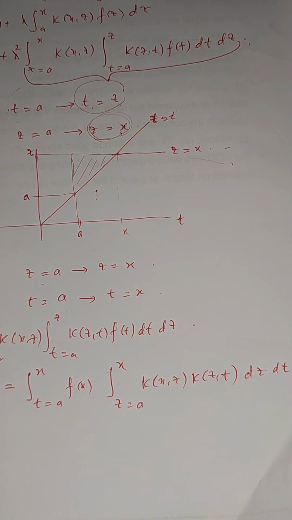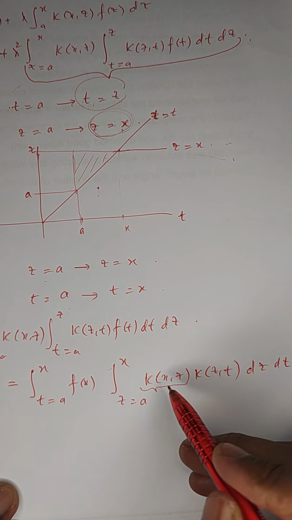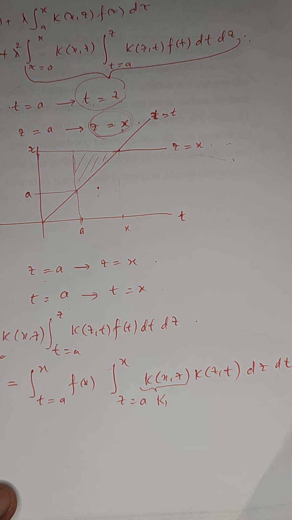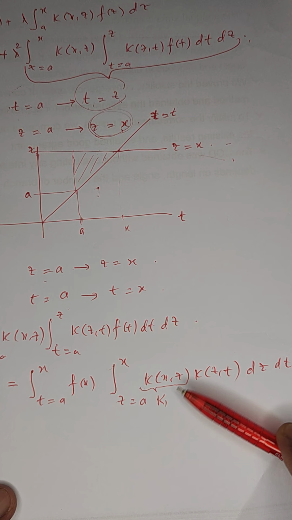If you recognize this, if you consider this k as k1, from the iterated integral, the first term of the iterated integral, we have k1 equal to k.